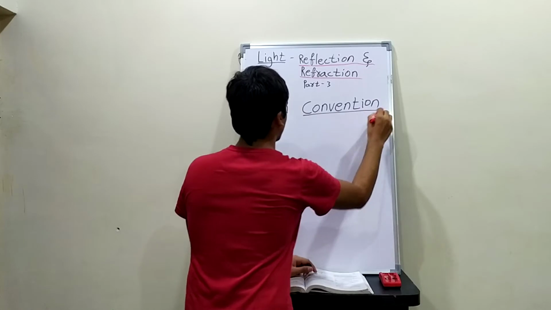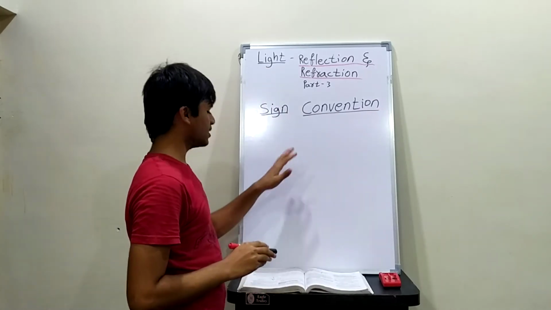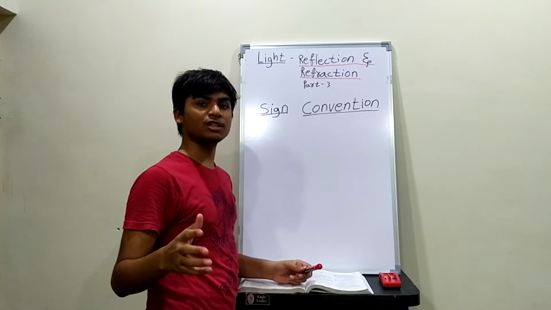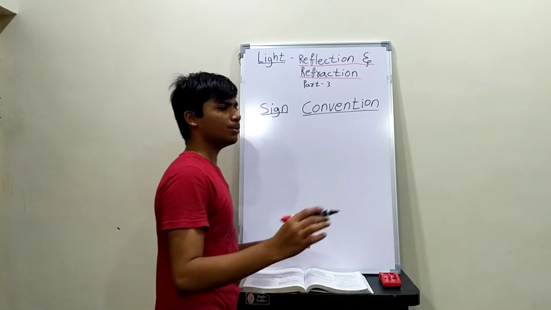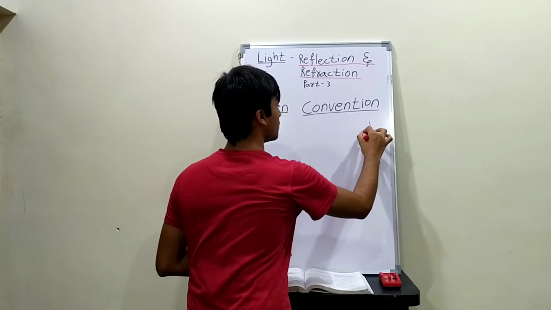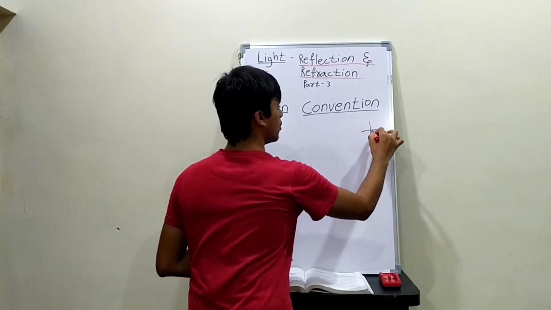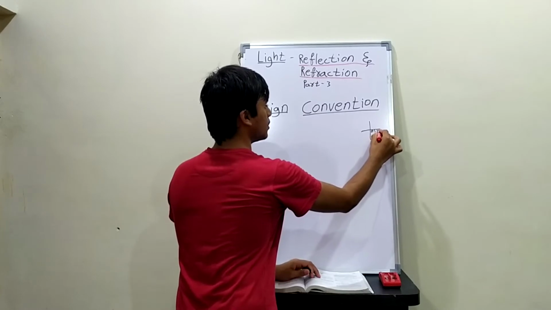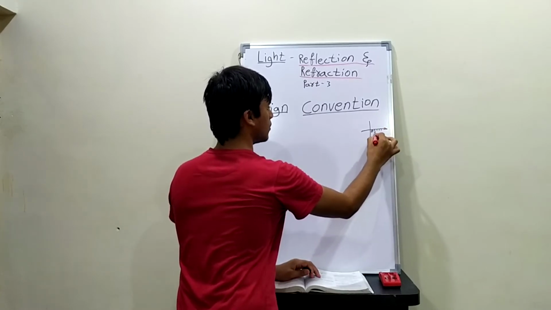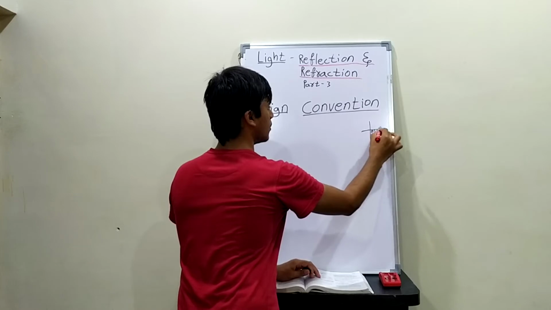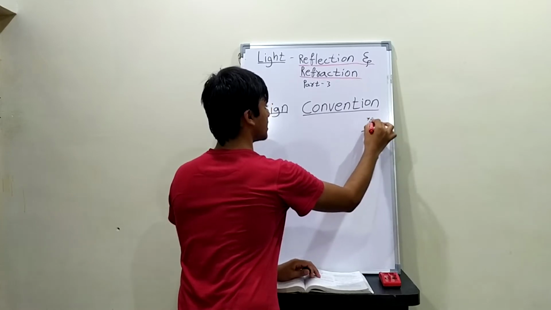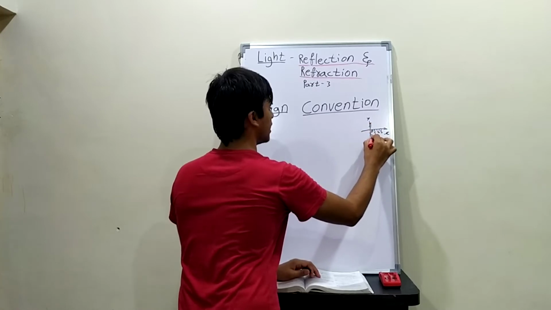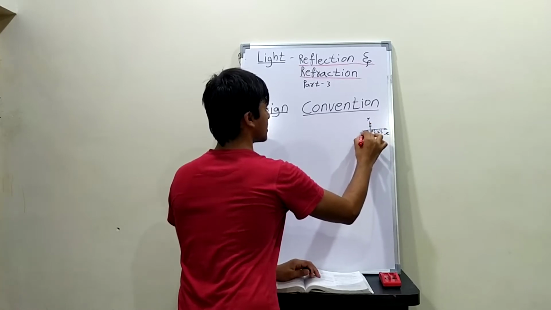Okay, so we are going to study sign convention. Now, have you heard of the Cartesian sign convention? You might have heard of the Cartesian plane, right? Where the center is O, with negative, then 1, 2, 3, 4, x-axis, y-axis, then negative y-axis, negative x-axis.